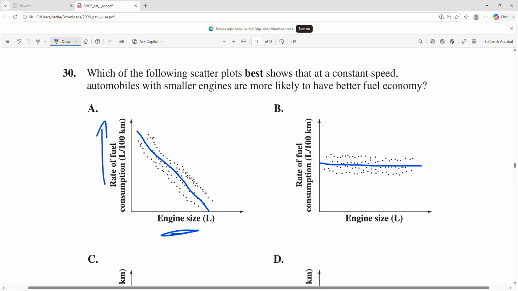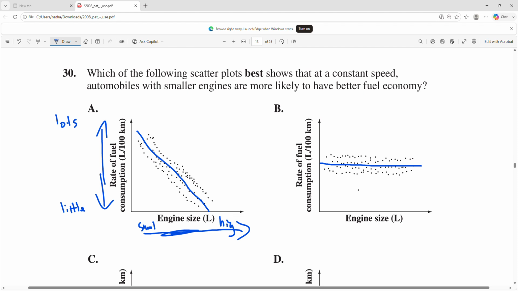If it's lower down, very little fuel is being consumed. And here, our engine size is getting bigger as we go this way. So this would be a small engine here, and this would be a big engine here. This would be lots of gas being used quickly, and this would be a little bit of gas being used, right?